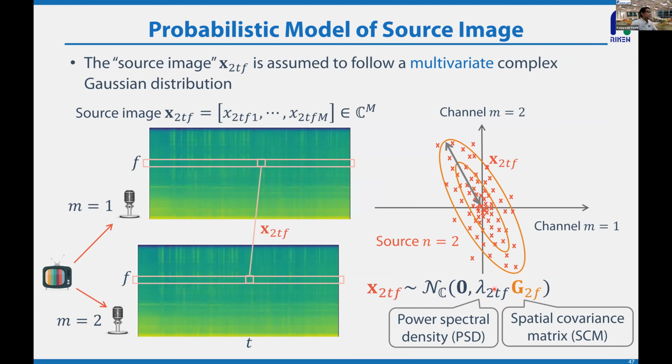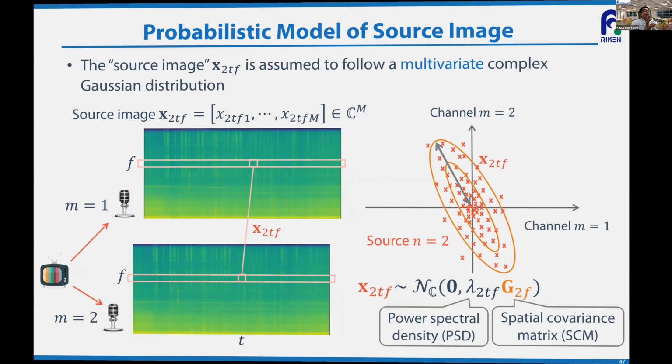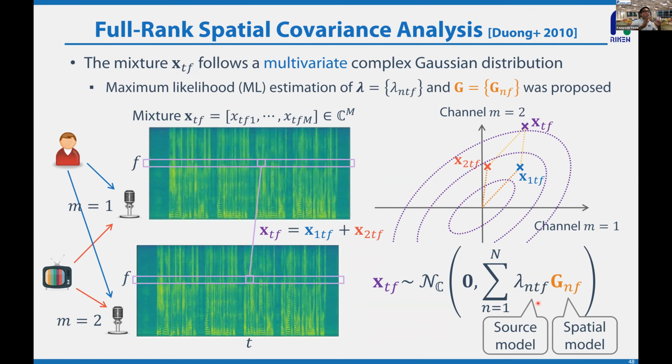If there is another sound source here, this is a second sound source. The second sound source has a different distribution; this x2tf is distributed like this. This is a spectral density, and this is the spatial covariance matrix. So what happens if two sound sources simultaneously occur?